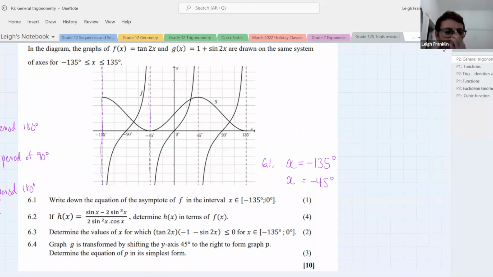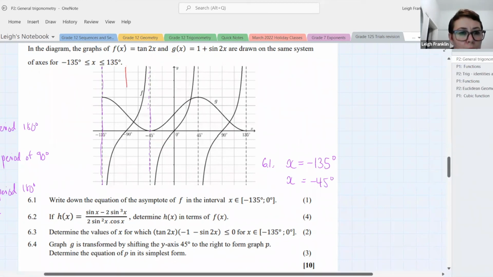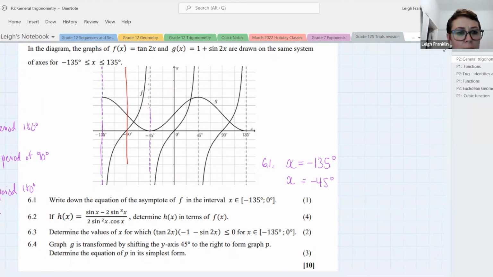So it has to be where they are both positive. So where are they both positive? Can you see from here? From minus 90, they're both above, to here. Can you see that? They're both above.